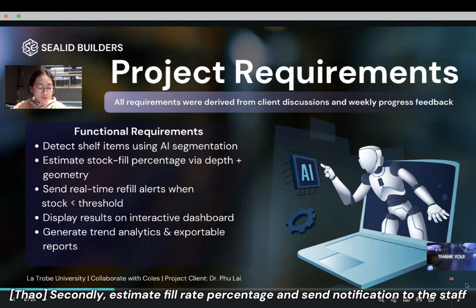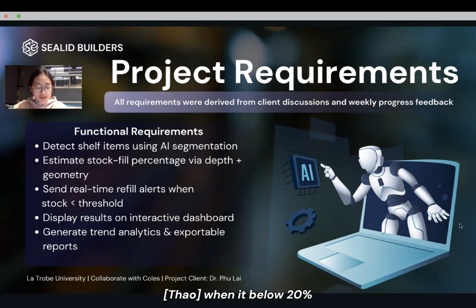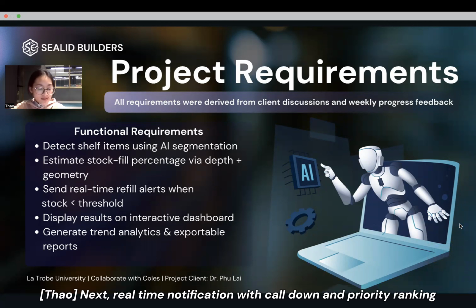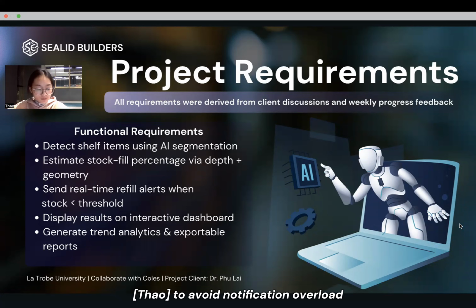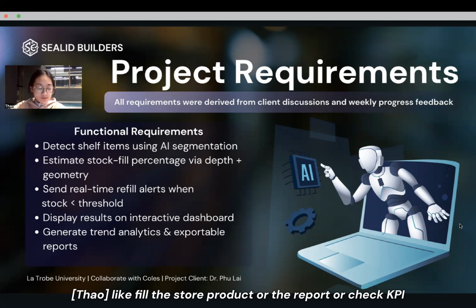Secondly, estimate the fill percentage and send a notification to the staff when it's below 20%. Next, real-time notifications with countdown and priority ranking to avoid notification overload. In addition, an interactive dashboard with filters by store and product, reports, and KPI checks.